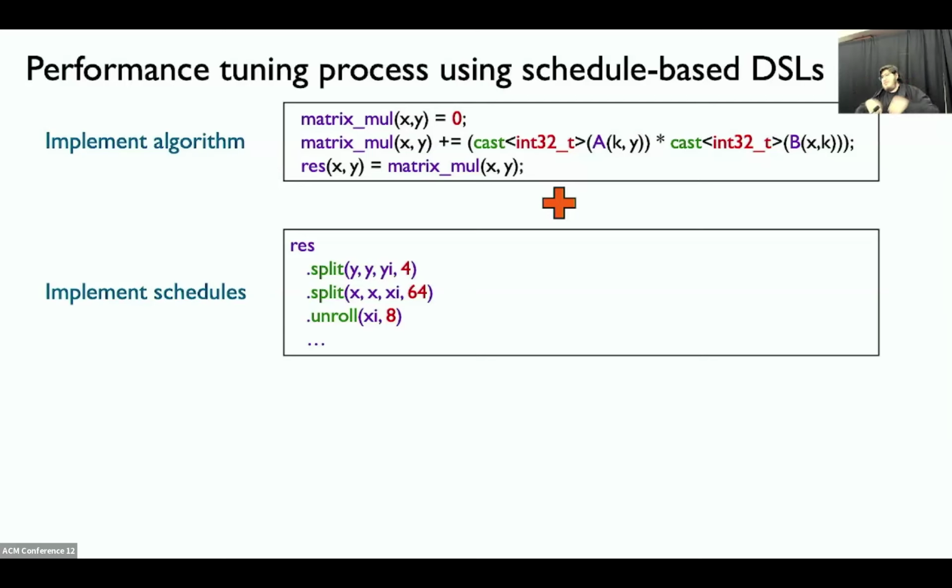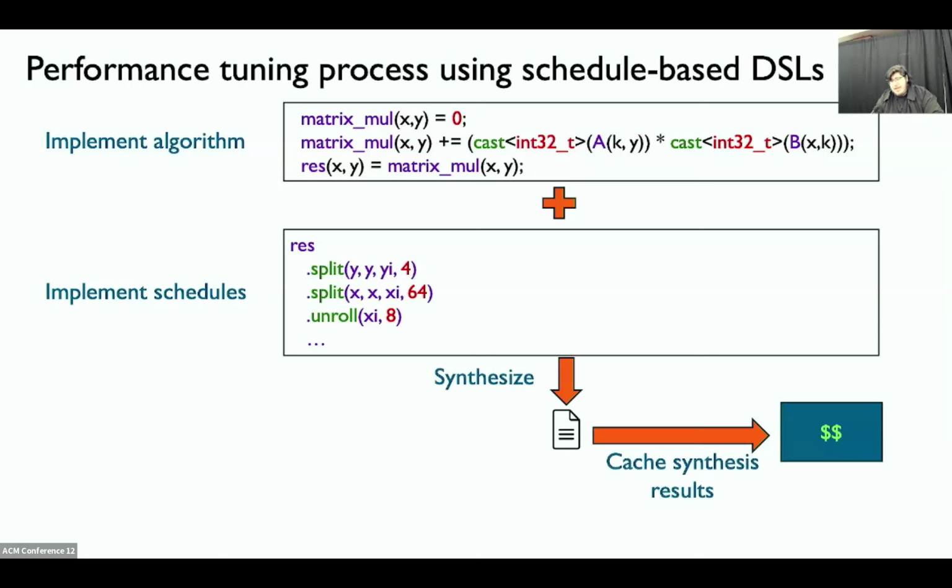Halide and DSLs like Halide decouple schedules and algorithms. When you compile this input program with Hydride, it synthesizes the code for it and caches the results of the synthesized code. And then you can compile and execute the program.